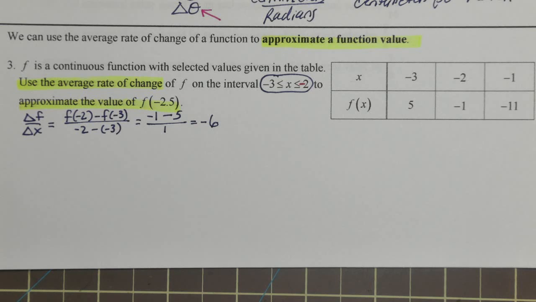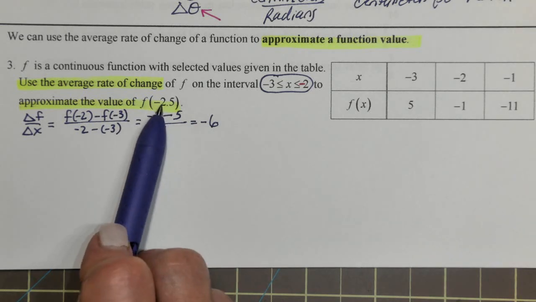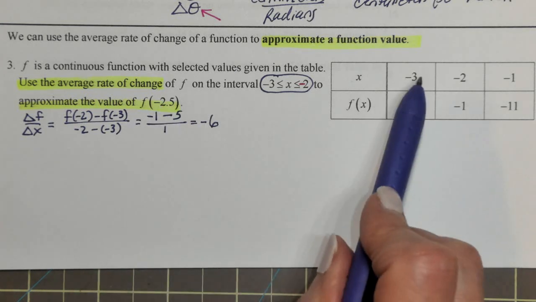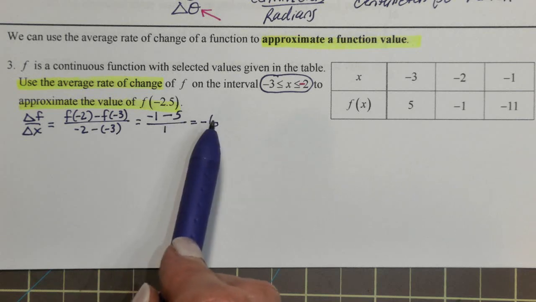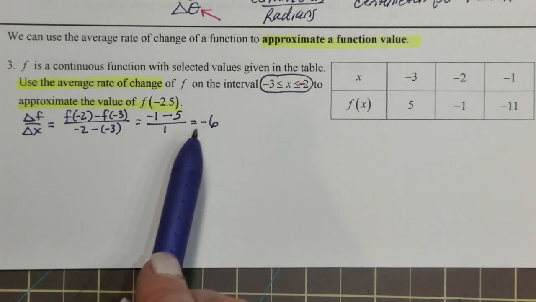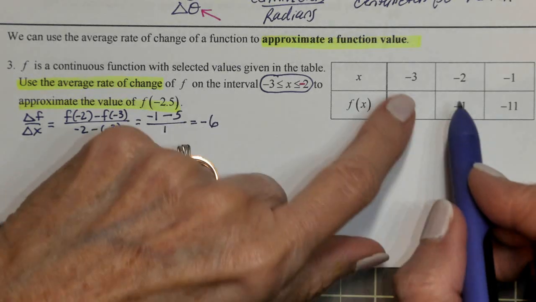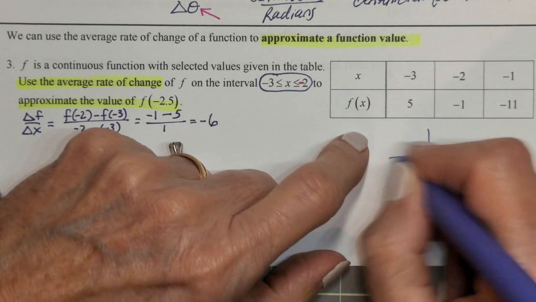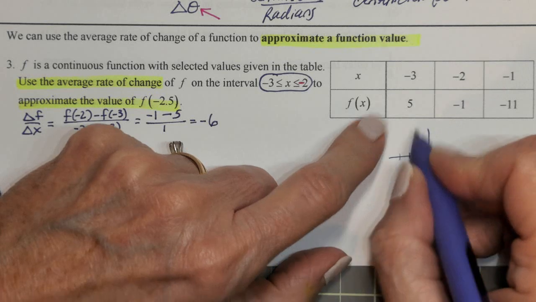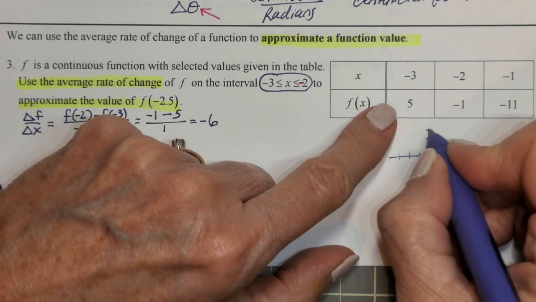So to approximate this value that we have no idea what it is, it's not in the table, we can use the slope. Think of it this way. When x is -3, we're at 5.